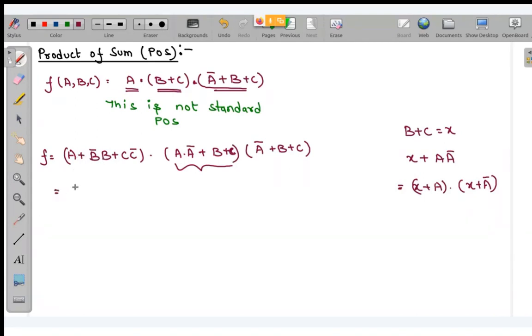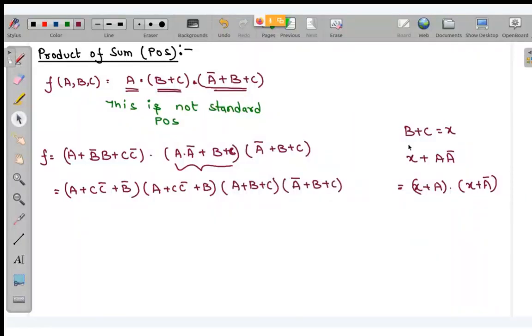This will be A plus C complement plus B complement, A plus C complement plus B. This term if I expand, I can write it as A plus B plus C, and next will be A complement plus B plus C, and over here this is in complete form. So let me erase this.